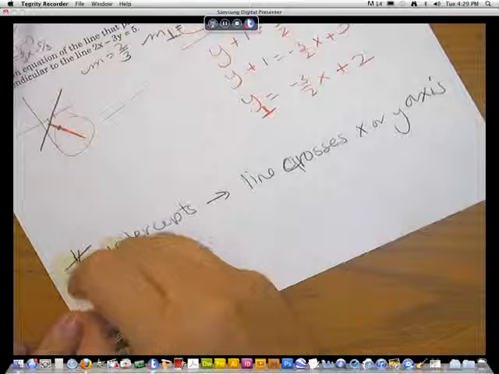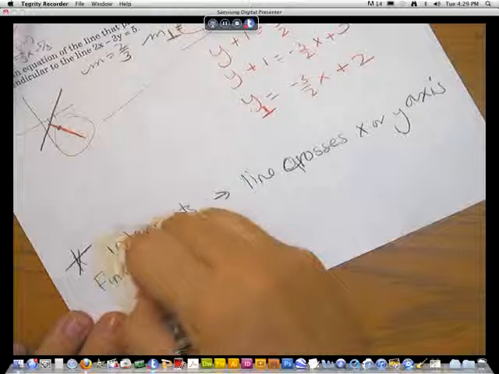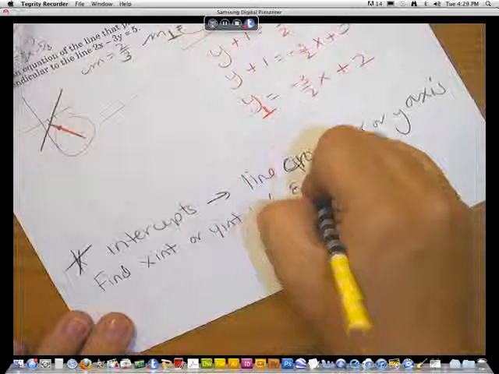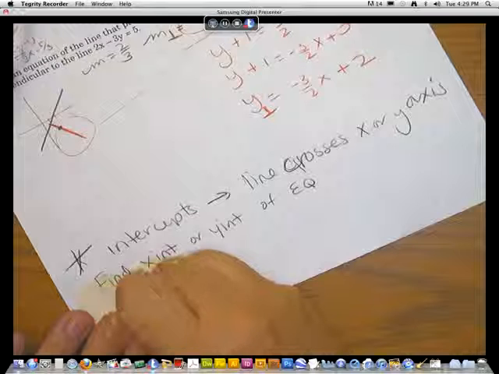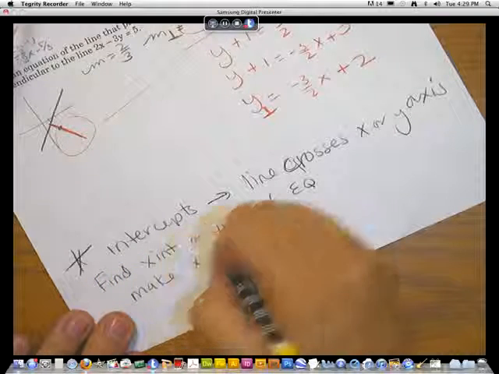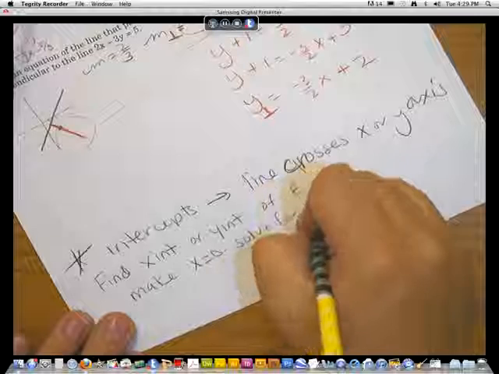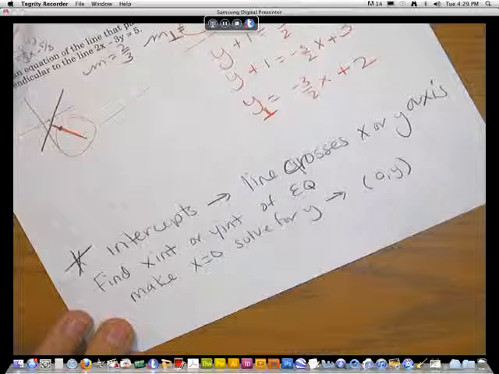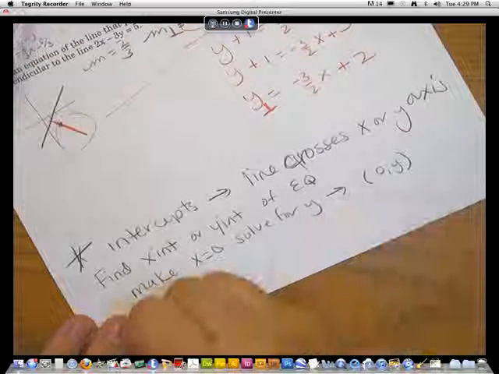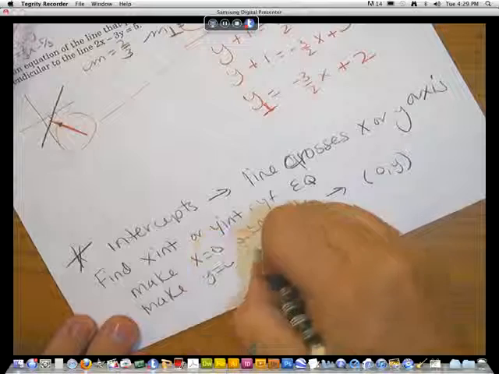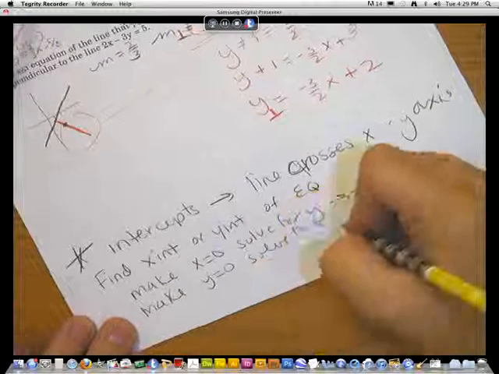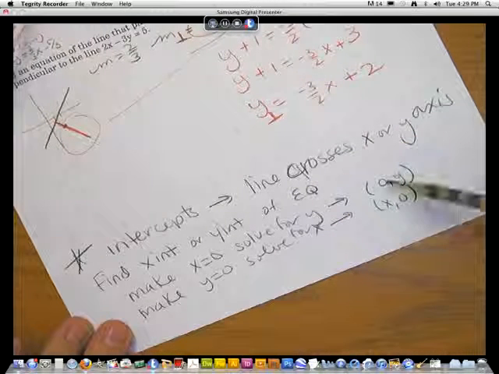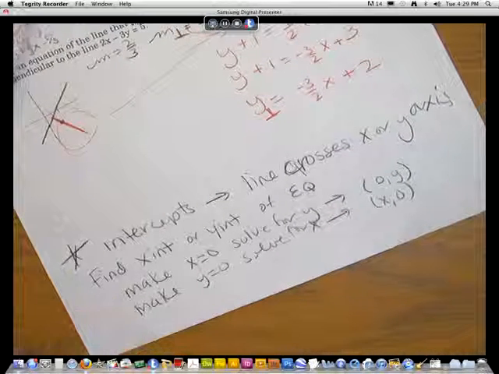So in order to find an x-intercept or y-intercept of an equation, we make x equal to 0 and solve for y, so that will give the y-intercept. And then we make y equal to 0 and solve for x, and that will give the x-intercept, because the 0 means it's going to be on the axes. That's where the point is.